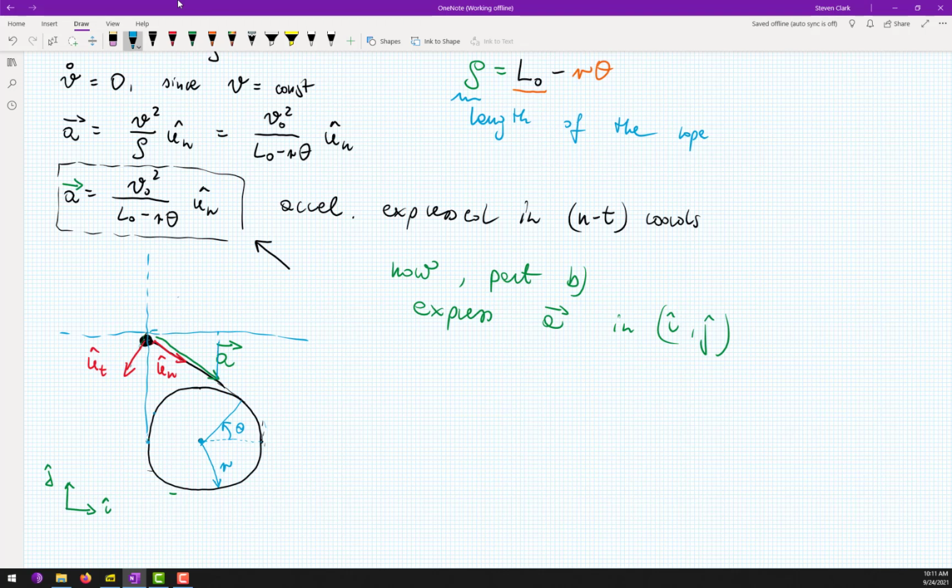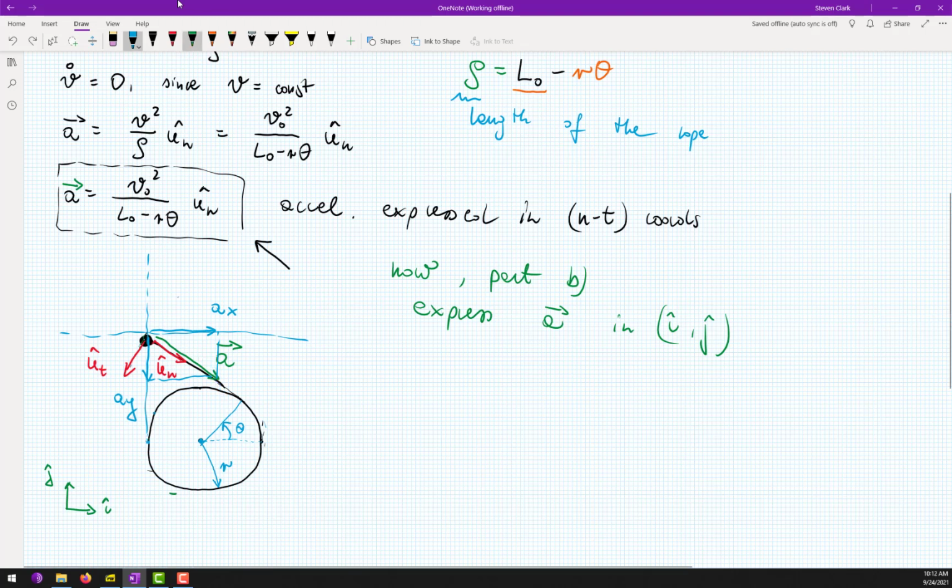So we will have AX and we will have AY. Right? Any objections? And to do that projection, we need to bring that angle theta somewhere in this triangle, okay?